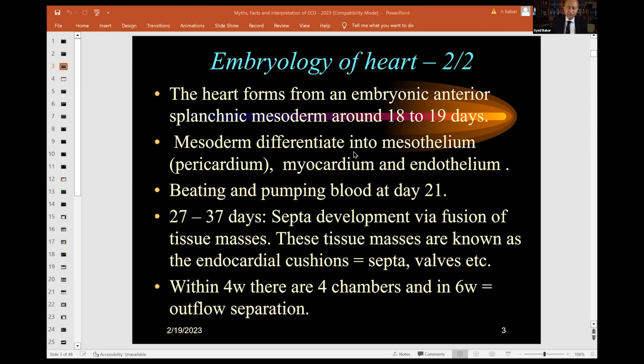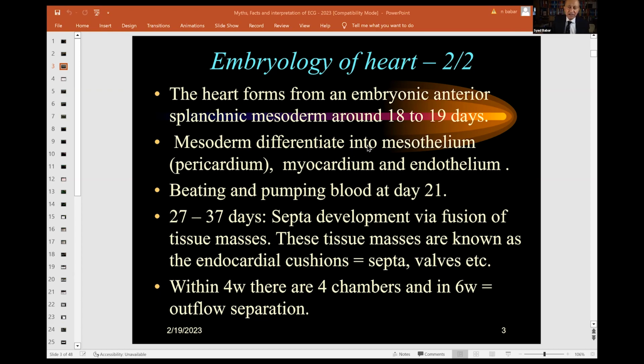This is the first functioning unit, developed by day 21 of fertilization and actively beating and pumping blood. A week later, due to fusion of tissue masses, various septa develop, which at this stage are called endocardial cushions, and they lead to the formation of septa and valves.